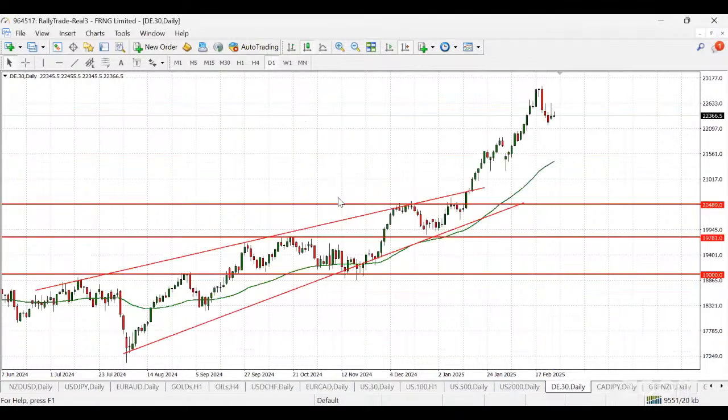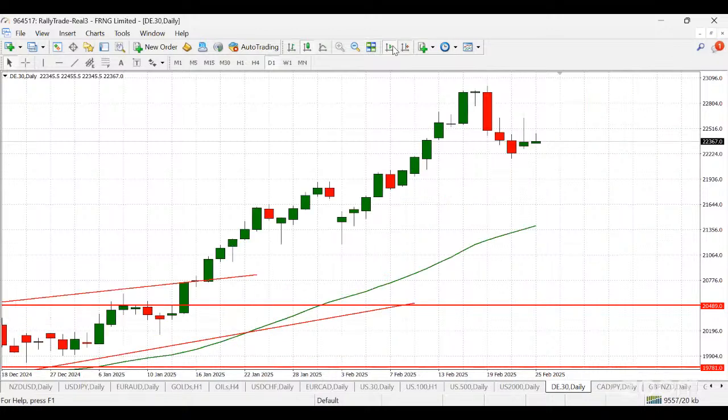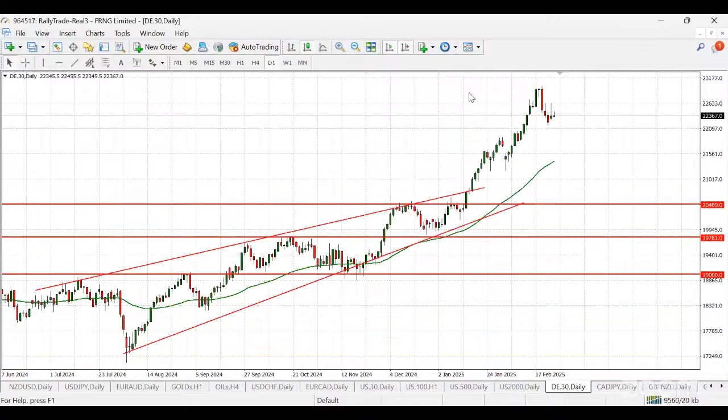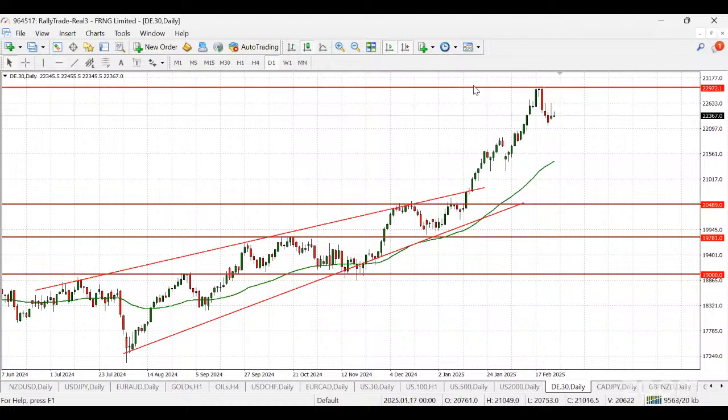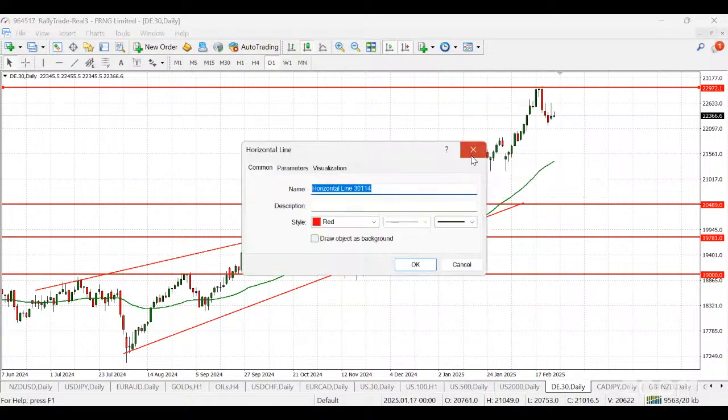I see plenty requests for the German index. This too has been aggressively bullish, and then we have this high here.